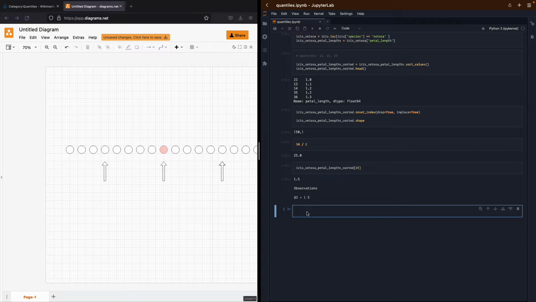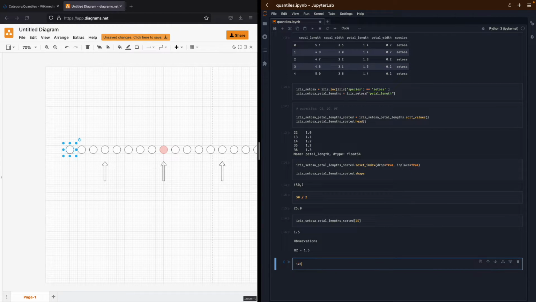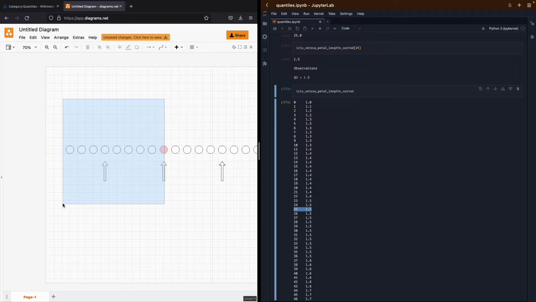Okay, iris sorted. So here for q1 our data points are from 0 to 25, and we are going to calculate its middle value, because basically we are looking at this area only.